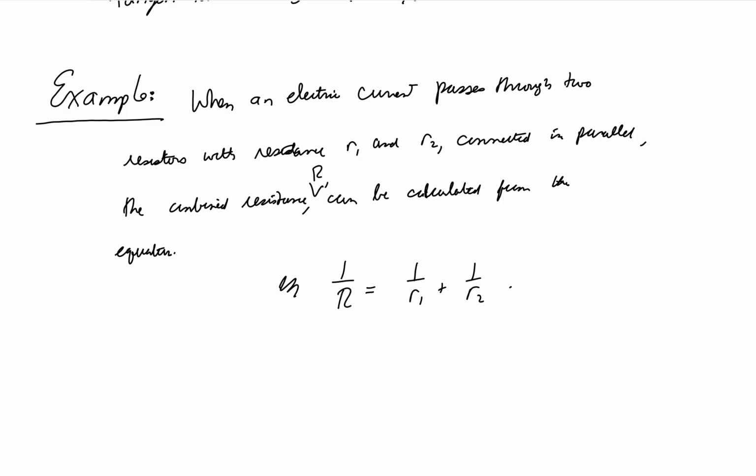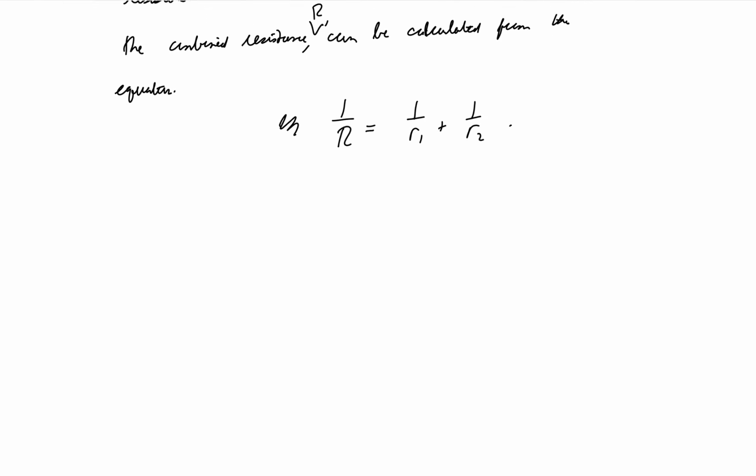These resistors are connected in parallel. And in this case, the combined resistance, which we'll denote by big R, can be calculated from the equation 1 over big R is equal to 1 over little r1 plus 1 over little r2.